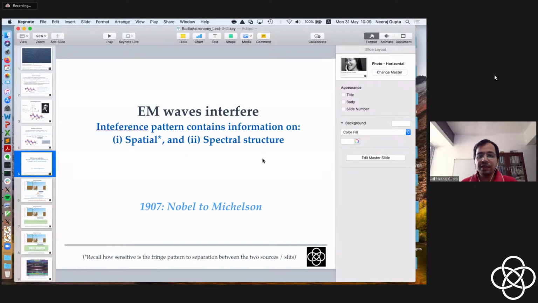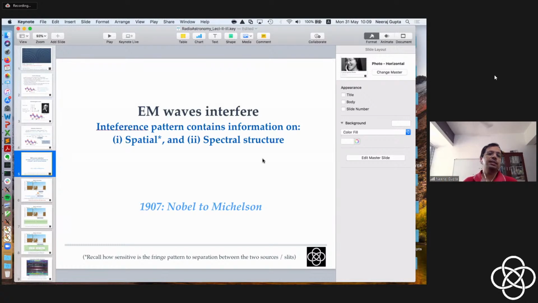And in 1907, Michelson was awarded the Nobel Prize for the development of these instruments and various investigations he carried out. The principles involved in these experiments, like Young's double slit experiment and Michelson's interferometer, and mathematically, we will talk about it more in the next lecture, the specifics of Fourier transforms, are at the core of how radio telescopes work, right?